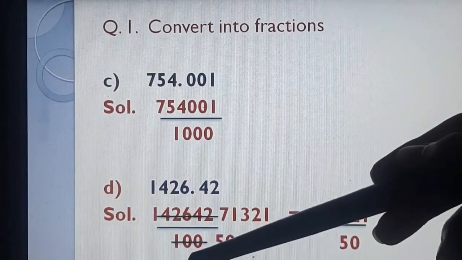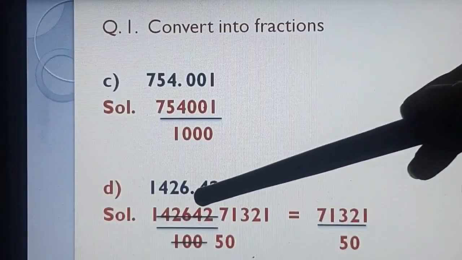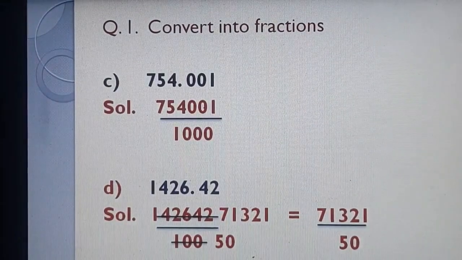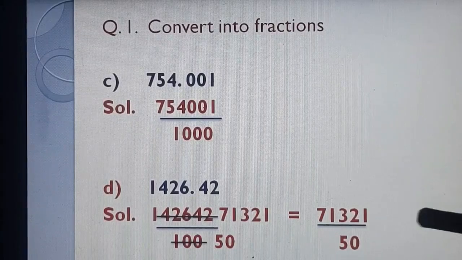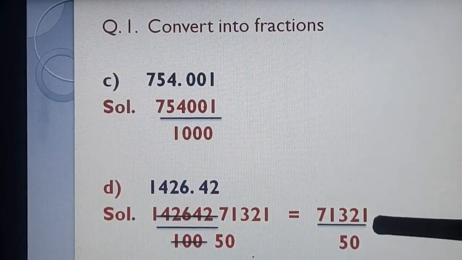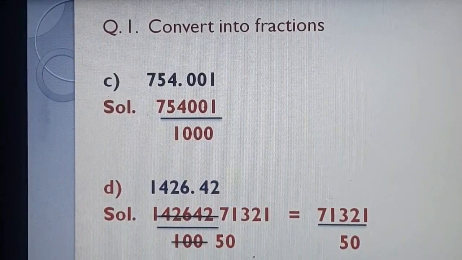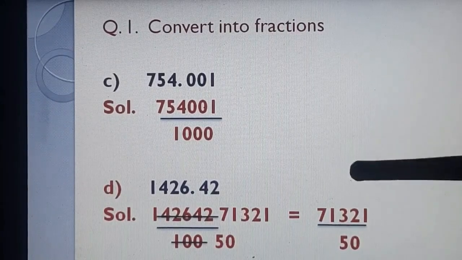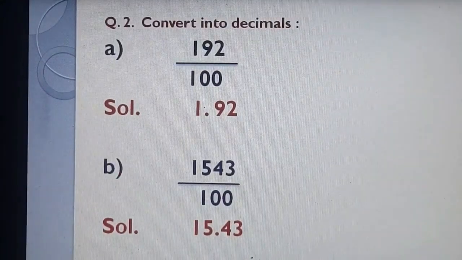When we divide 100 by 2, we get 50, and when 1,42,642 is divided by 2, we get 71,321. So our answer will become 71,321 upon 50. Understood? If the fractional number is not in the lowest form, then you have to convert it into lowest form also.